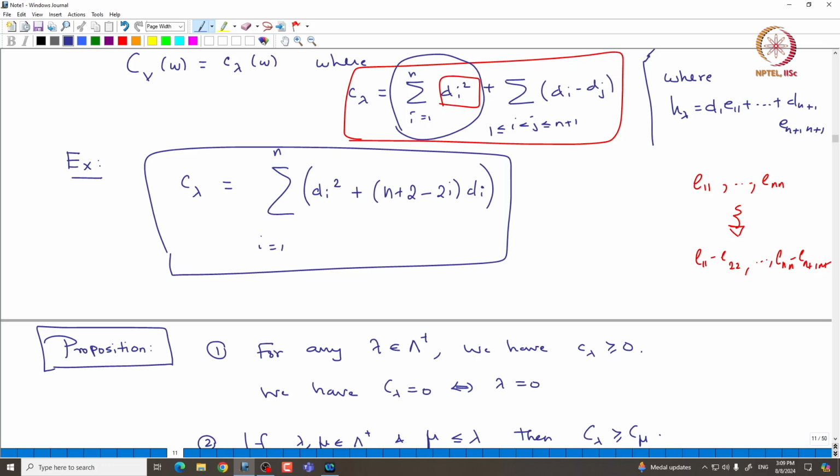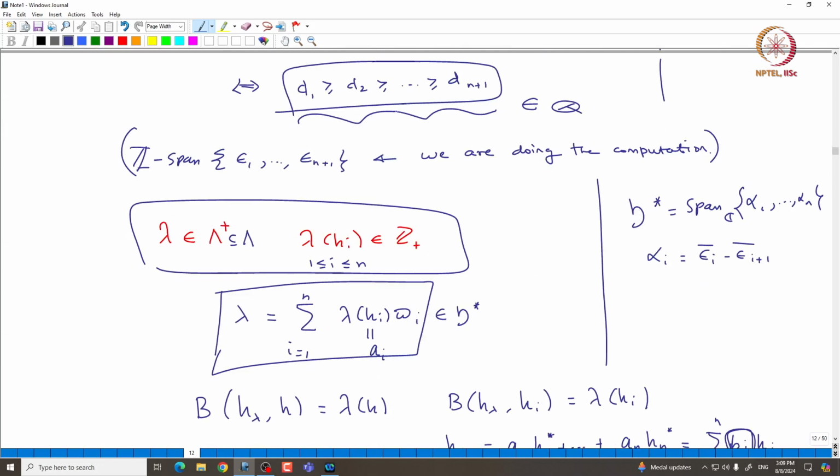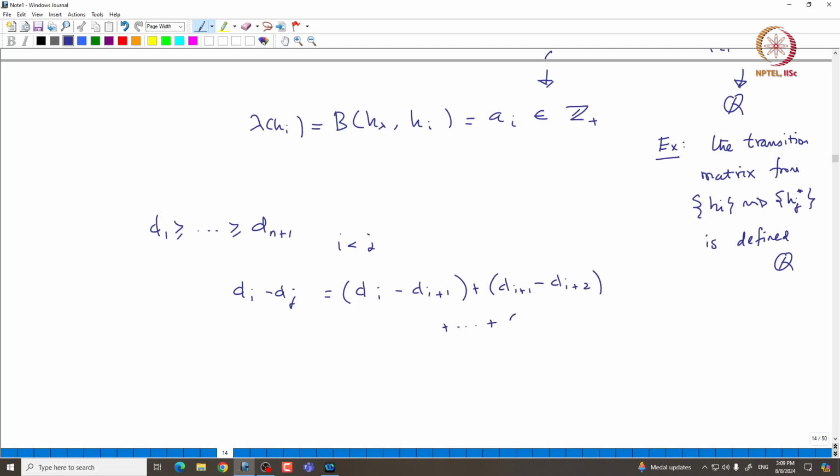So, now these relations actually tell you that D1 is greater than or equal to etcetera Dn plus 1. Okay. So, since D1 is greater than or equal to Dn plus 1, now if you compute Di minus Dj for i less than j, you can see that this is nothing but Di minus Di plus 1 plus Di plus 1 minus Di plus 2 plus etcetera plus Dj minus 1 minus Dj.